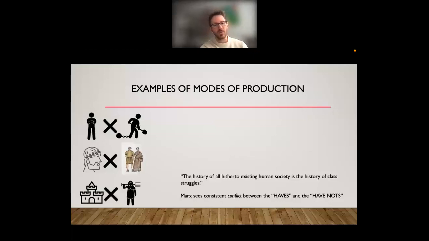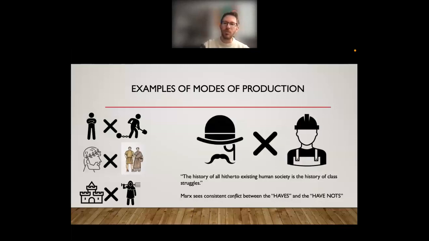This was also similar to the feudal system in which you had the lords who owned most of the land, and then the serfs who worked on that land, and then eventually moving towards capitalism, in which you had the capitalists, the bourgeois, who own the factories and land, and then the workers who work the land and sell their labor to be able to purchase the means of subsistence.